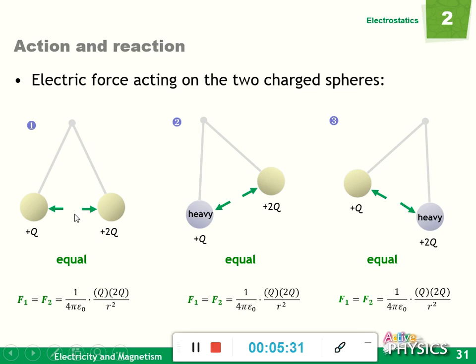The only difference is the direction. How about this? If this one is heavier, the gravitational force is greater, but the force between them, the electric force, will still be the same, because when you swap the position of these two products, they are the same.